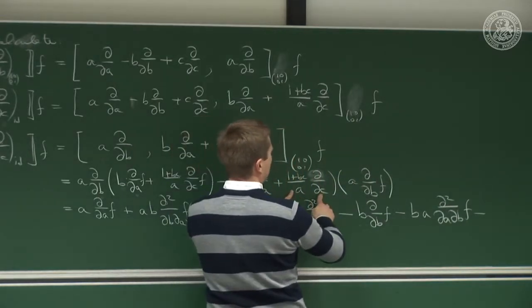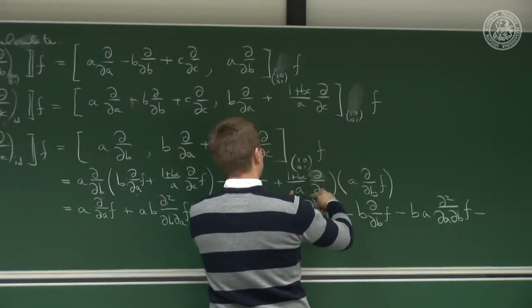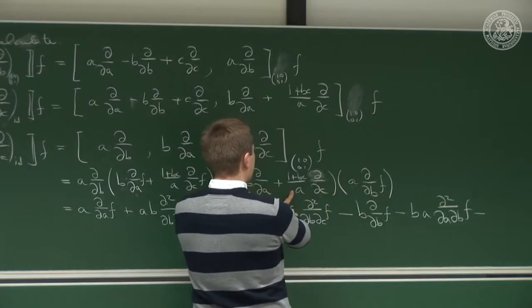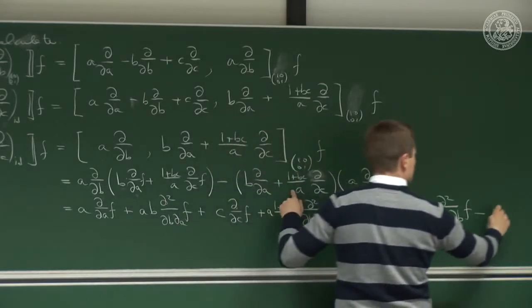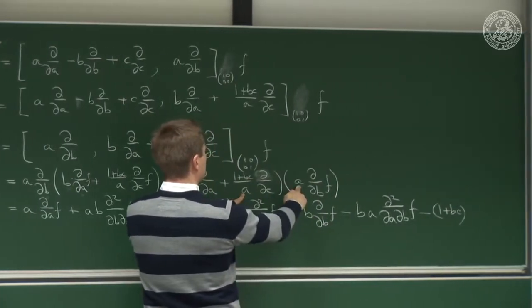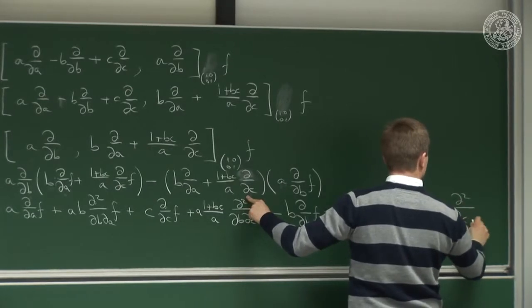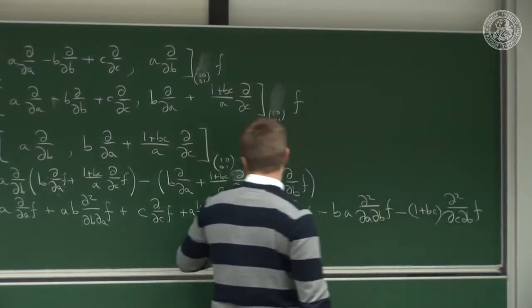Now you don't need the product rule here because the first factor doesn't contain a c, so you can pull it out immediately. So that's minus 1 plus bc, the a here cancels, and then del 2, del c, del b acting on f.